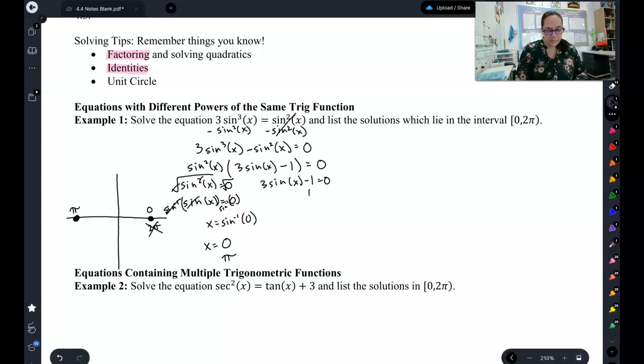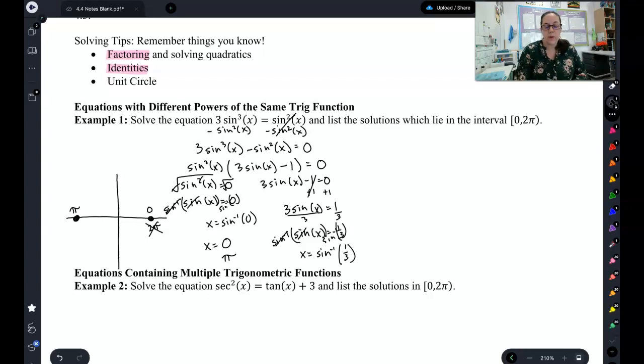Let's try the other one. Add 1 to both sides. Divide by 3. And take the arc sine or the inverse sine to get x by itself.